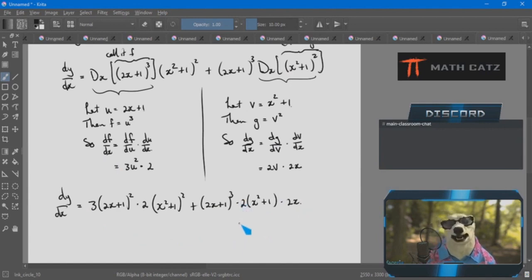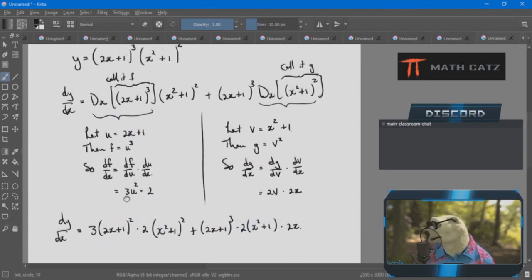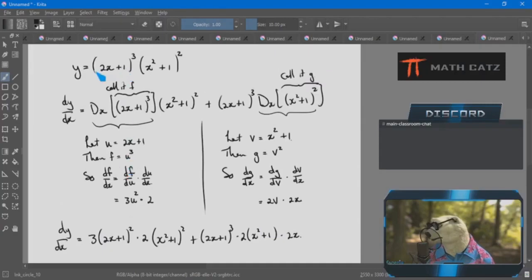But I do it little bits at a time. Then no single step is overwhelming. No single step is ever overwhelming. When you zoom out and look at the whole thing, imagine having to go from the original function straight to this last line without writing anything else down.